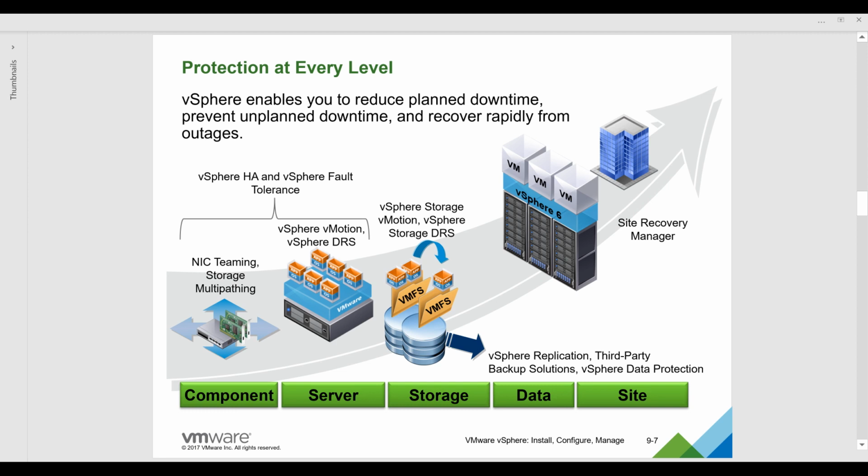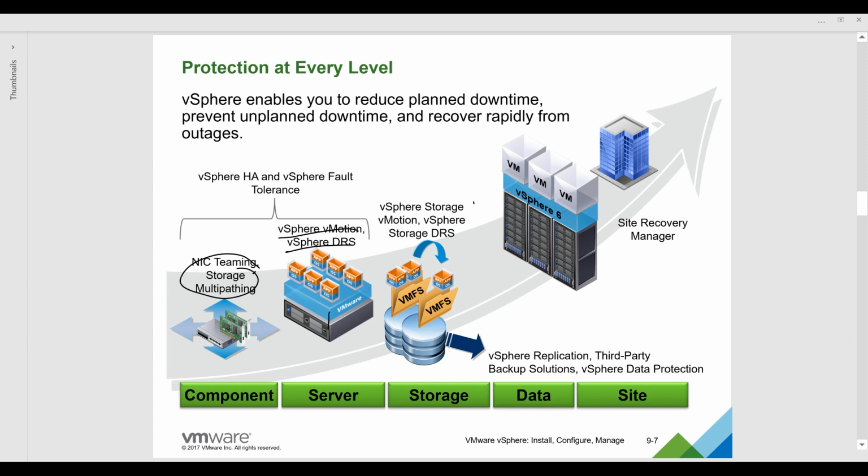Okay, in vSphere, we have protection at every level. As you can see, from the component level, we can use NIC teaming and storage multipathing to get multiple ways to get to our data over the network. At the server level, vMotion and DRS take care of moving the virtual machines between servers.